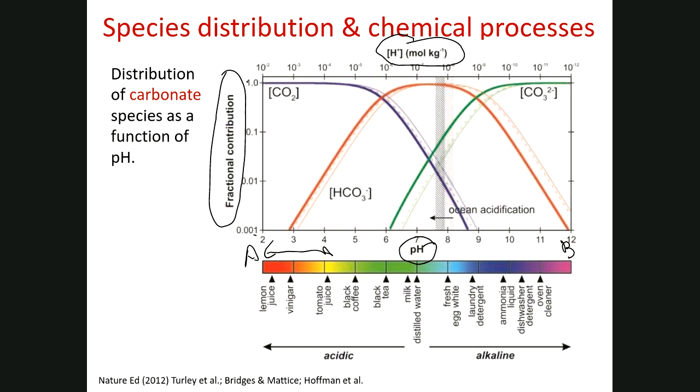So if, for example, I look at pH 2, which is an extremely acidic pH, all my carbon is going to be in the form of CO2 aqueous, which is how some people like to write carbonic acid.